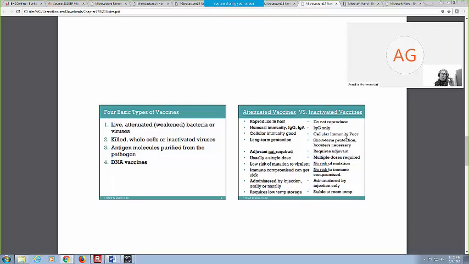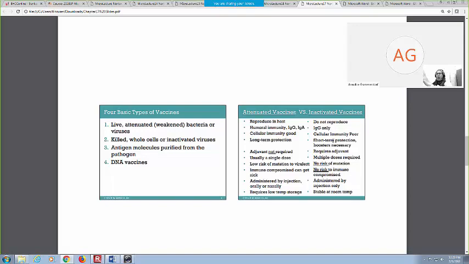Because it's inactivated, the immunity is poor or requires additional exposures to really get a strong memory response.